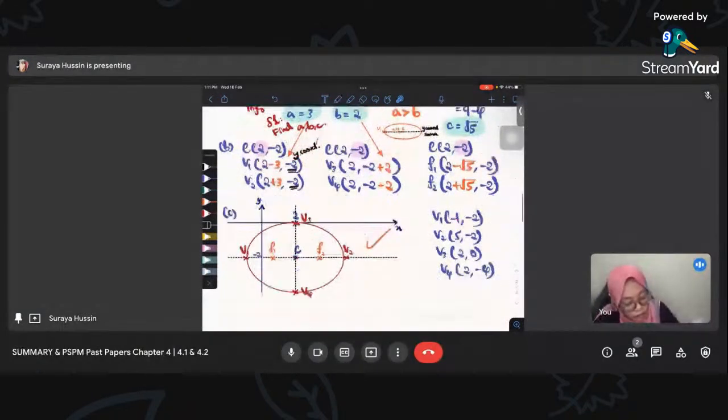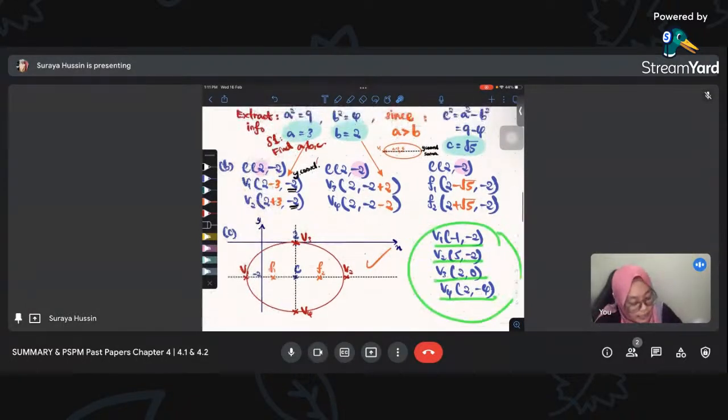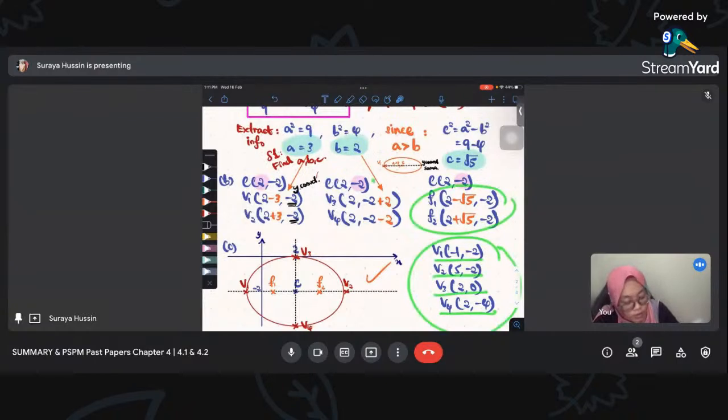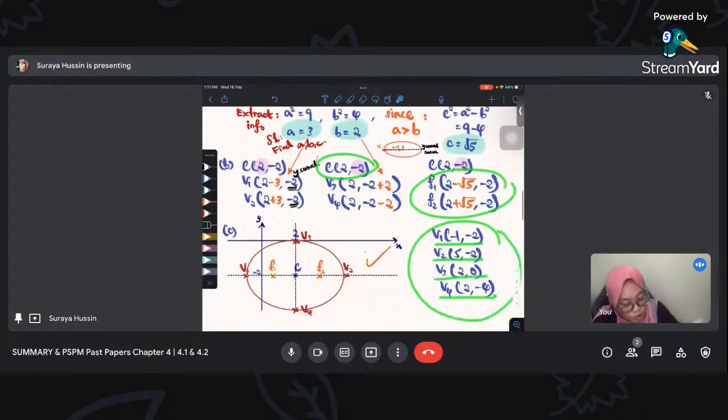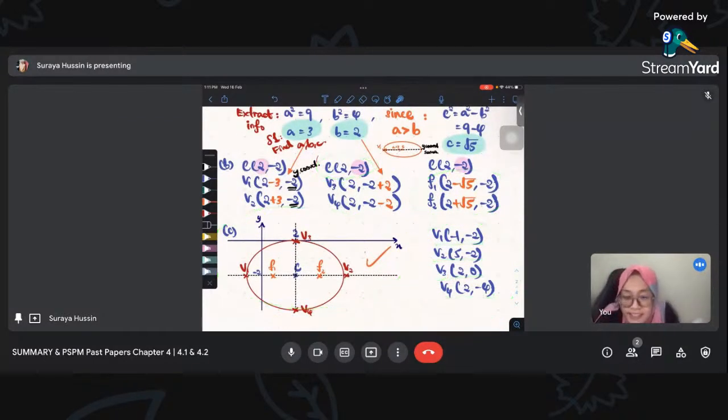And so all of you just have to write the conclusion saying that this is your vertices you have managed to get, this is your foci, and this is your center. And this is your sketching graph. That's all. That is as easy as ABC. Ellipse you boleh dalam tangan lah. Saya boleh jamin, you boleh perform dalam ellipse. You don't have to worry.